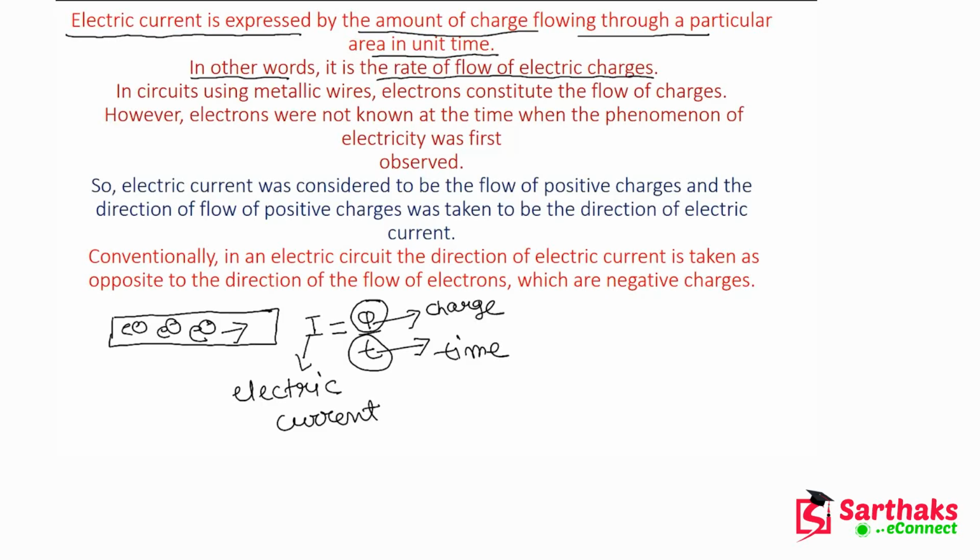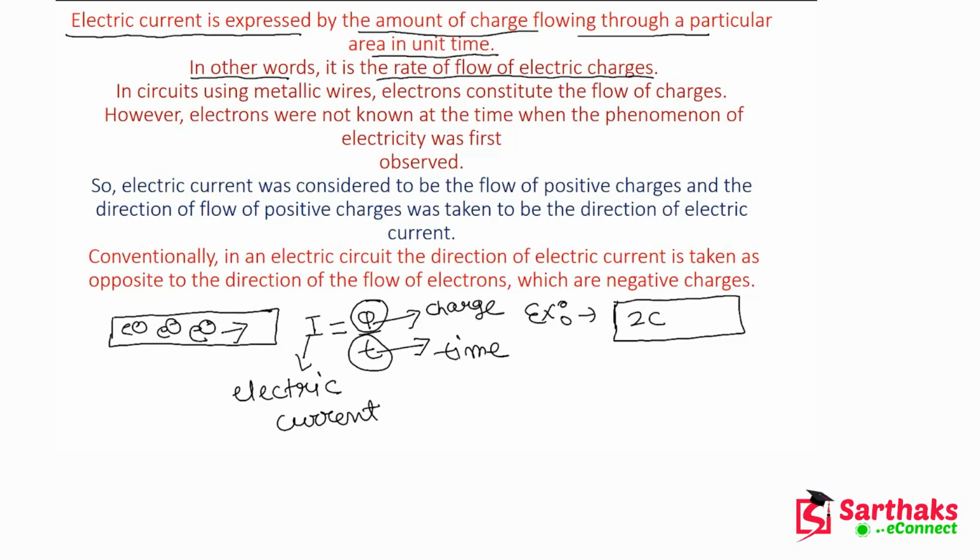You can also say that it is the rate of flowing of electric charges. Let me give you an example so that you can easily understand it. Let's suppose this is a metallic wire and let's suppose 2 coulomb charges. Coulomb is the unit of charge.